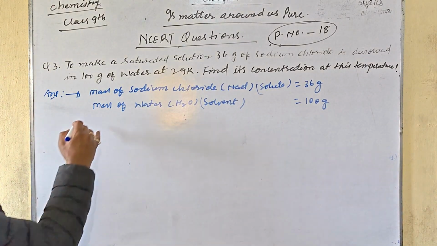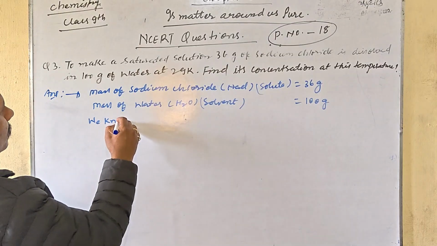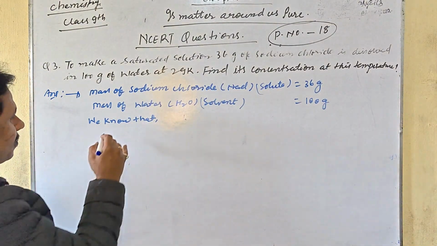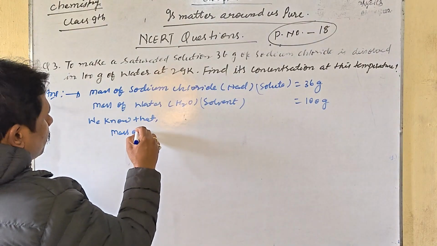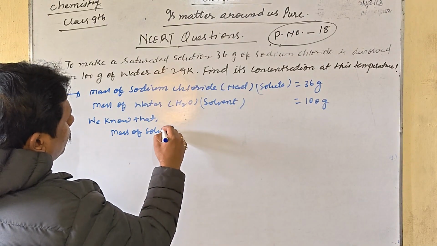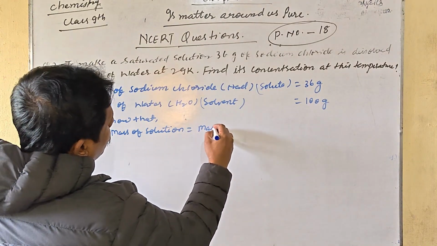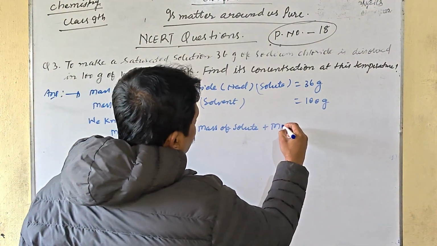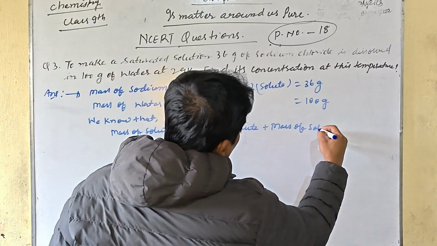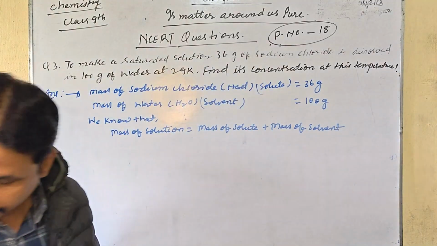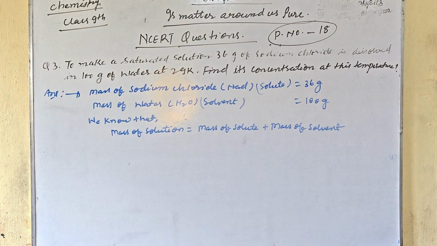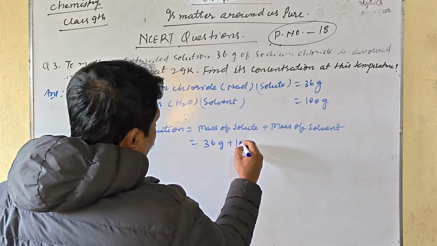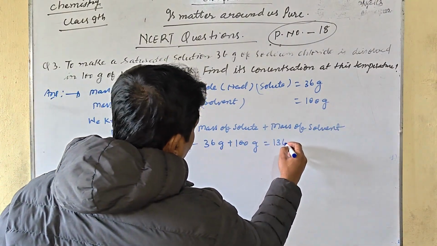Now we know that mass of solution is equal to mass of solute plus mass of solvent. So this is 36 gram plus 100 gram equals 136 gram.